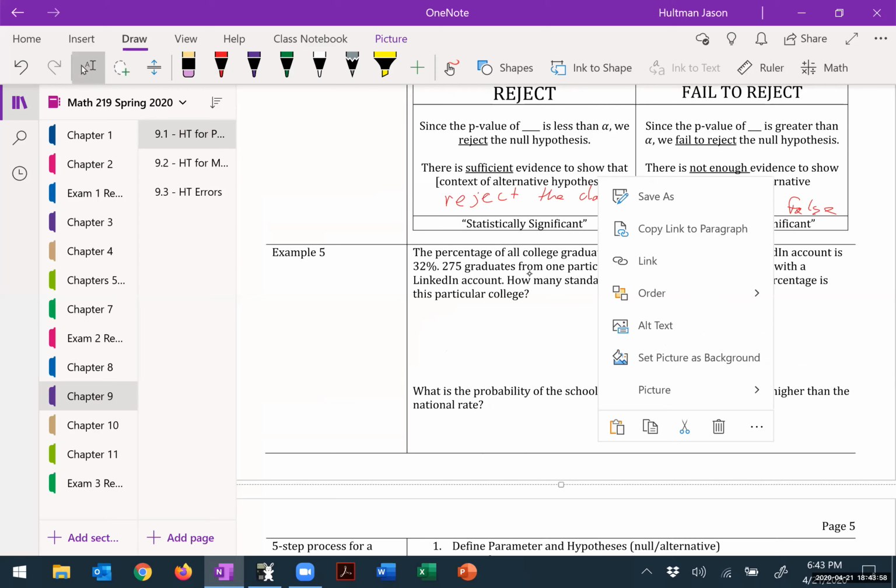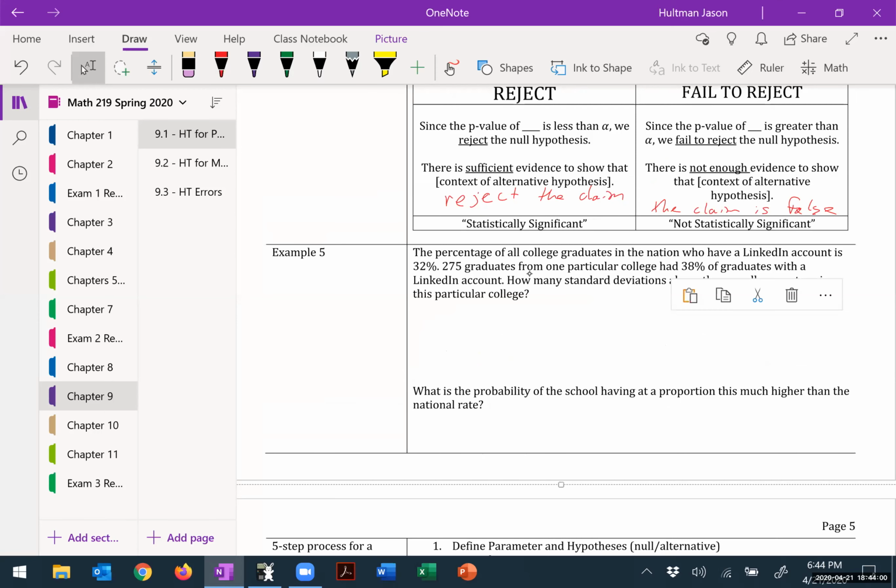Okay, let's practice calculating a p-value. Example 5. The percentage of all college graduates in the nation who have a LinkedIn account is 32%. 275 graduates from one particular college had 38% of graduates with a LinkedIn account.